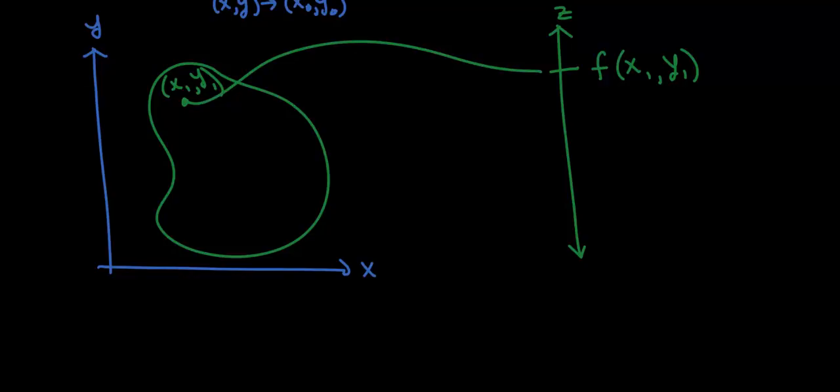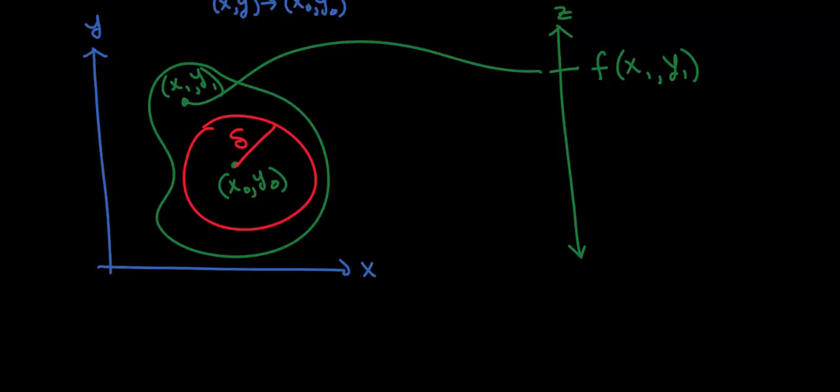Now, let's suppose that inside here somewhere, I've got a point x0, y0. And I'm going to draw a circle around that. I make it pretty big just so we can see it. Let's suppose this circle has a radius of delta.